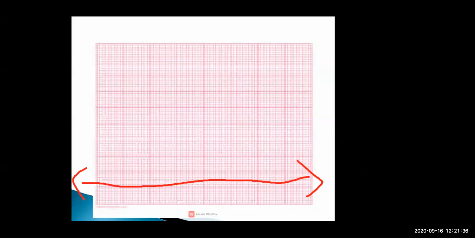And this line you have to name as the x-axis. The x-axis is always horizontal. Now next what you are going to write? You are going to make a line.